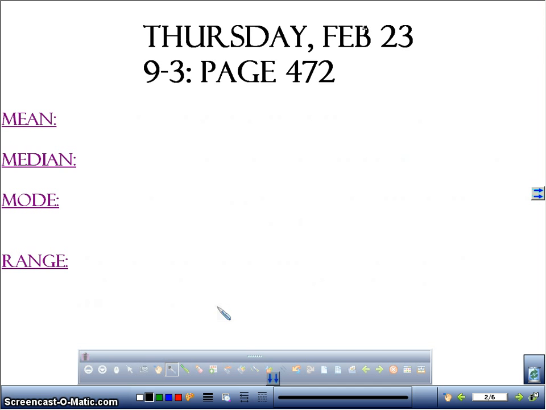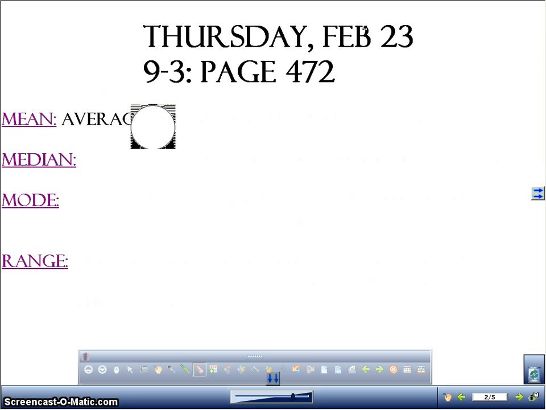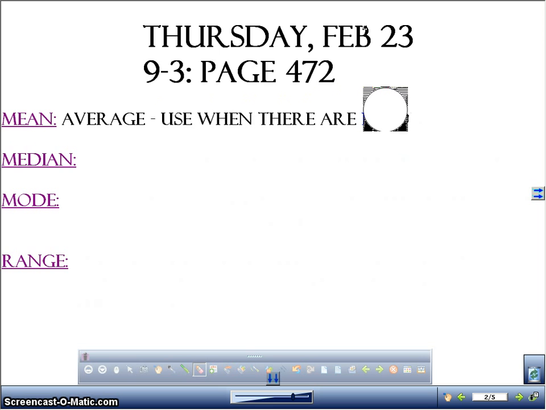The first thing is mean, and the mean is an average. You want to use this average when there are no outliers. Now an outlier is a piece of data that doesn't fit with the rest of the data. So let's say we were looking at ages in our classroom, and everyone in the classroom is between the ages of 12 and 14.